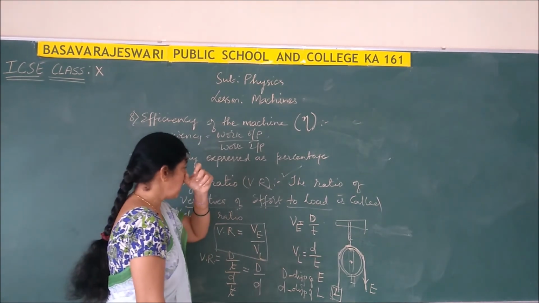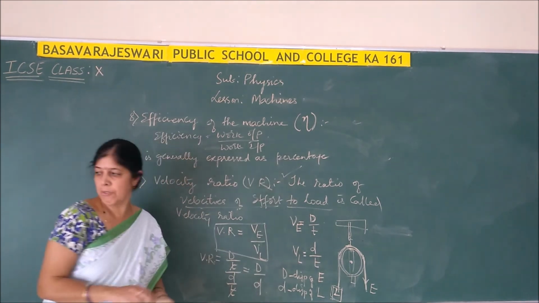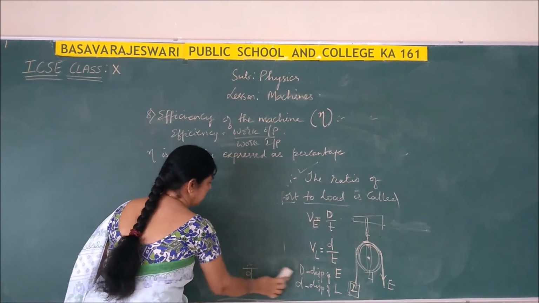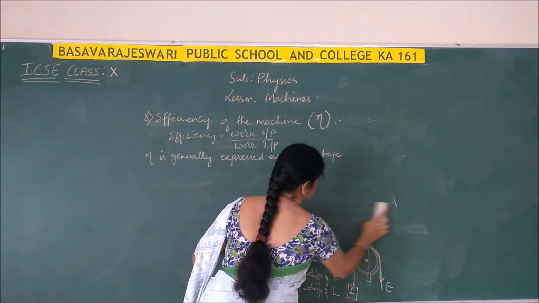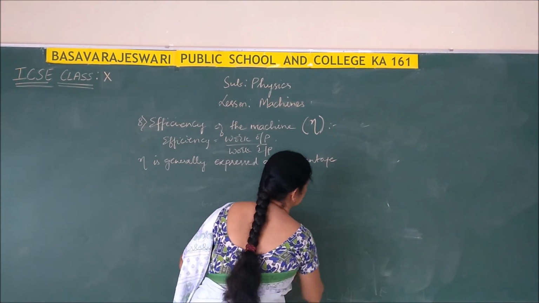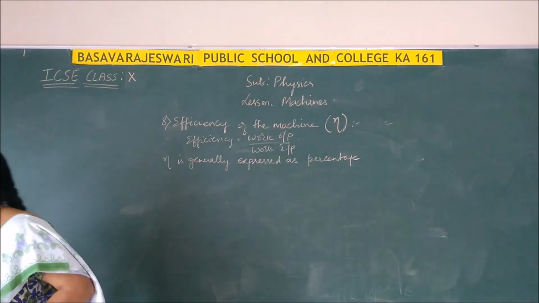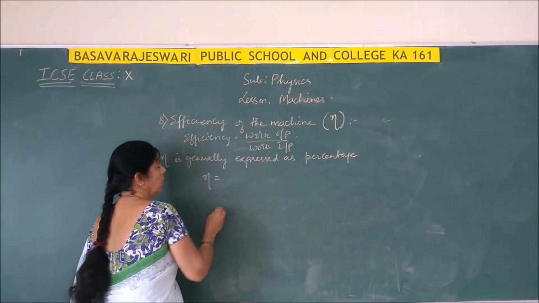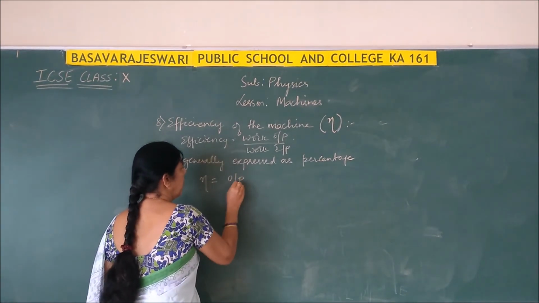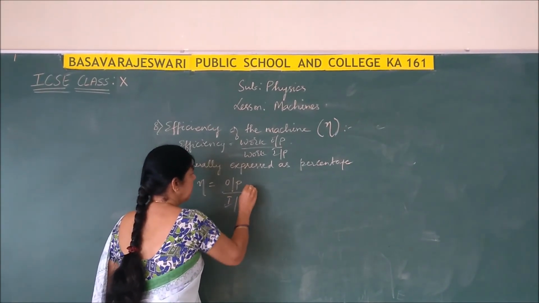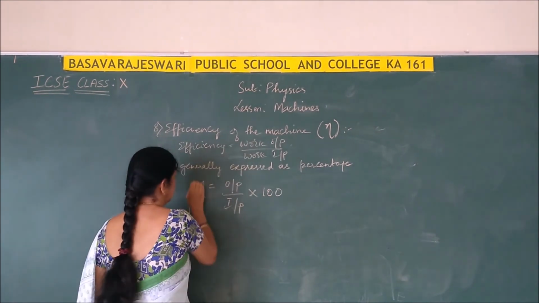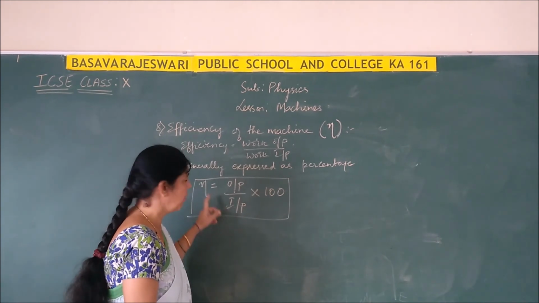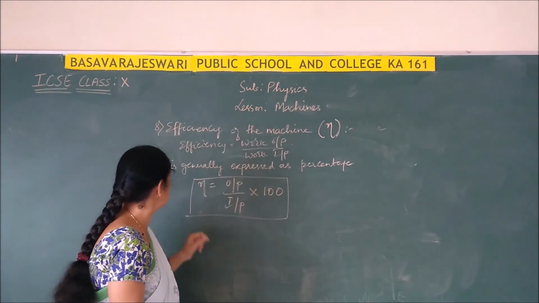So, in that case, what will be the formula for efficiency? Efficiency eta will be equal to output by input multiplied by 100. So, this is the definition for efficiency of a machine.